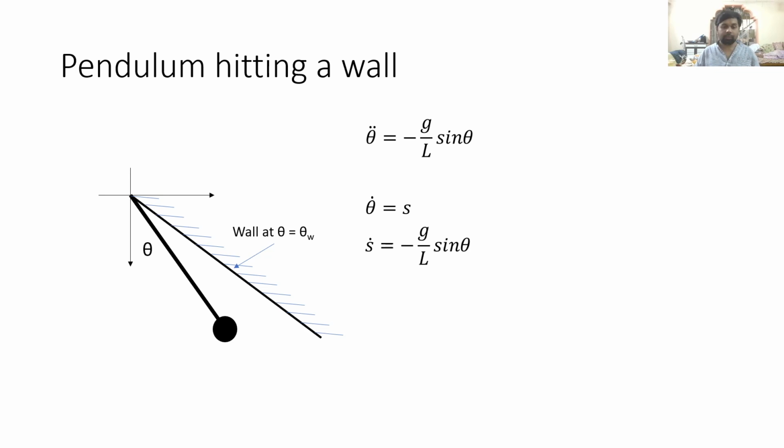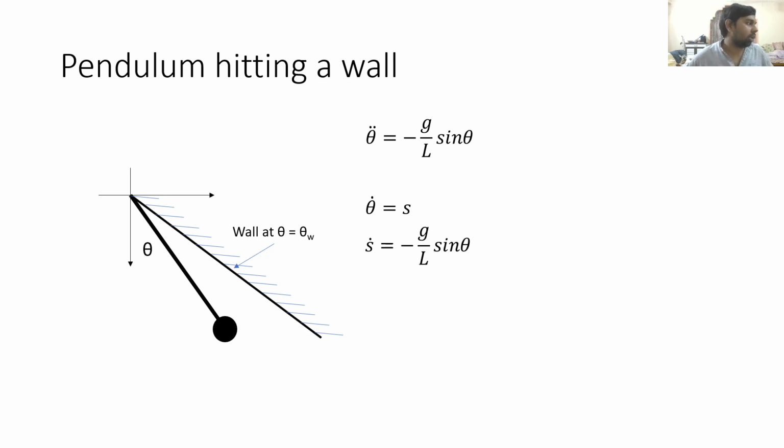Then the velocity with which it will be reflected back will be 80% of the earlier velocity, and with that initial velocity it will again move to the left side and reach a certain maximum angle, but that angle will be less than 60 degrees.